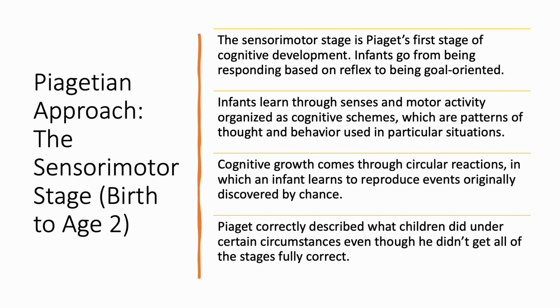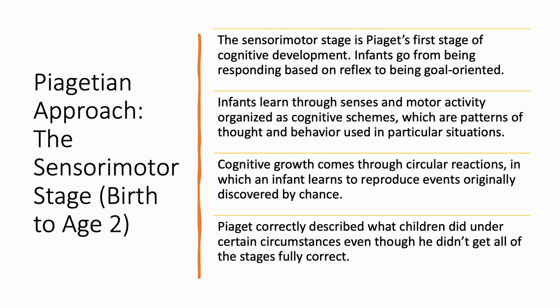In the Piagetian approach, the sensorimotor stage is from birth to about 2 years old. The sensorimotor stage is the first stage of cognitive development. Infants go from responding based on reflex to being goal-oriented.